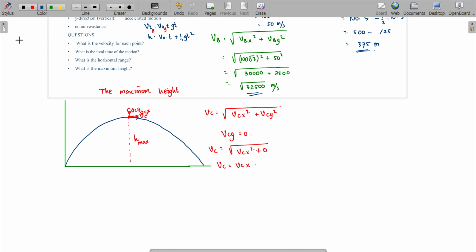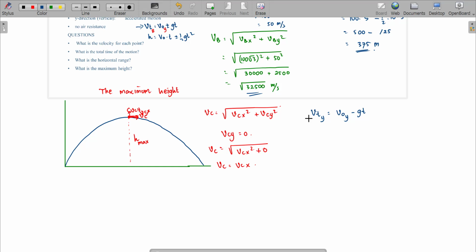For finding the time of maximum height, you can use this formula again. Vt equals V0 minus gt with y-axis in here.